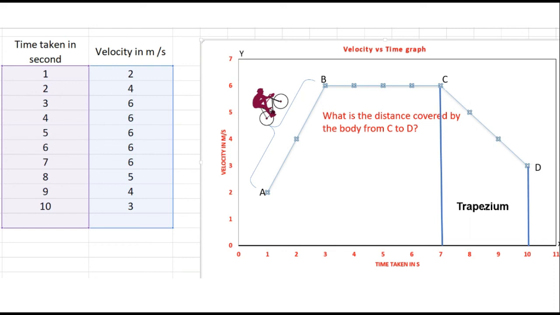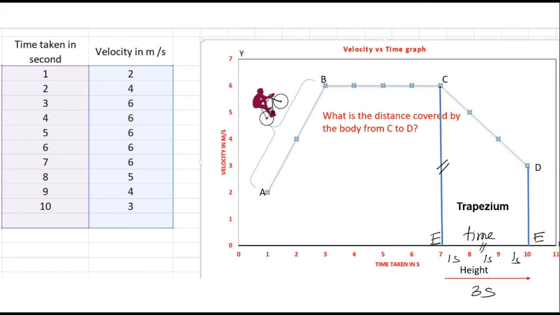This particular figure is a trapezium with height as this particular part, and what is this particular axis? It's a time axis, and how much is the time axis? 1 second, 1 second, and 1 second, that's 3 seconds, right? And what is the length of this? I'll write it as E and F, right?